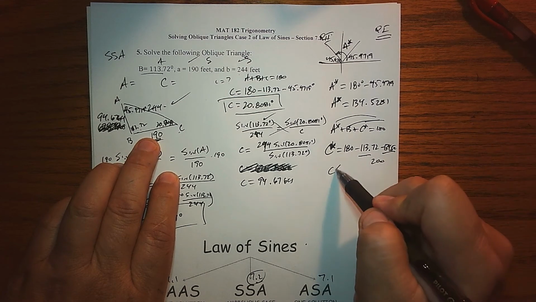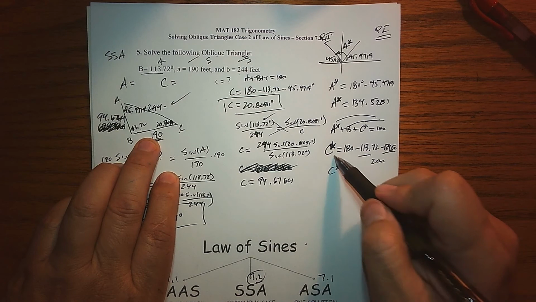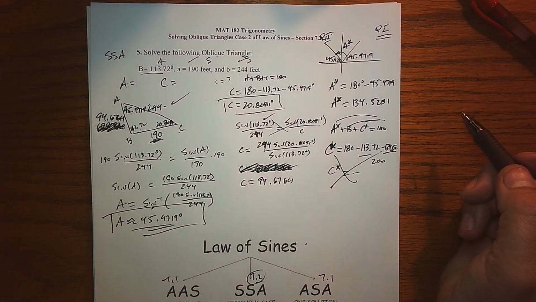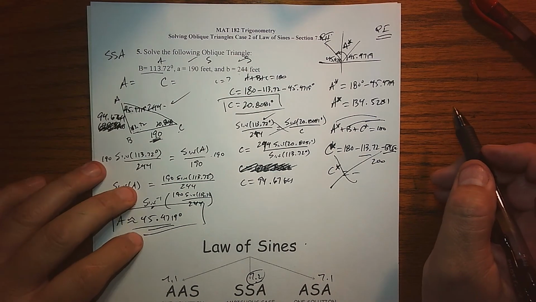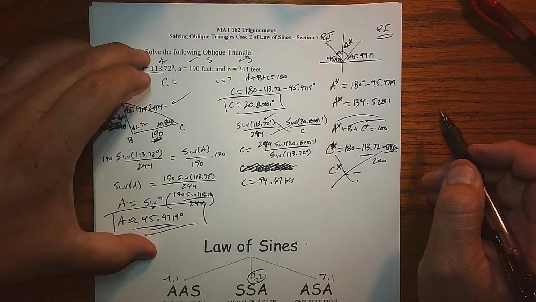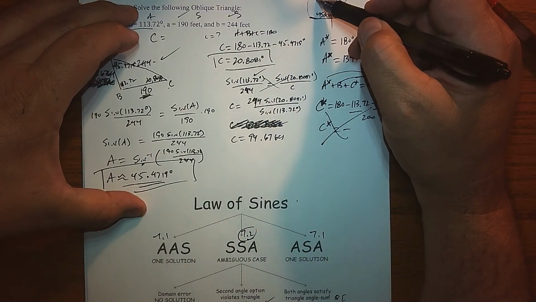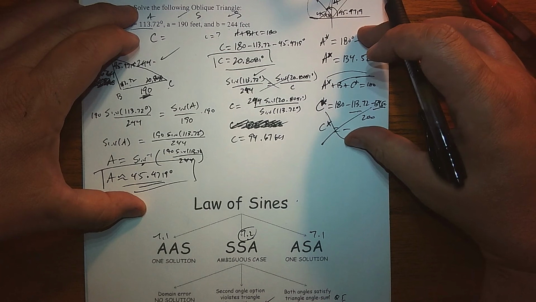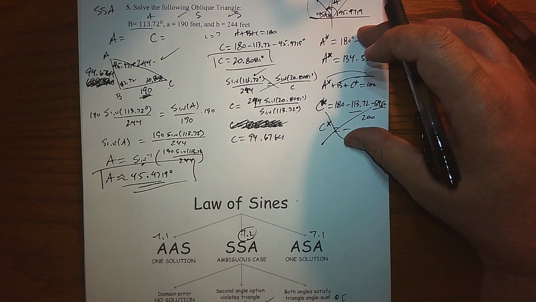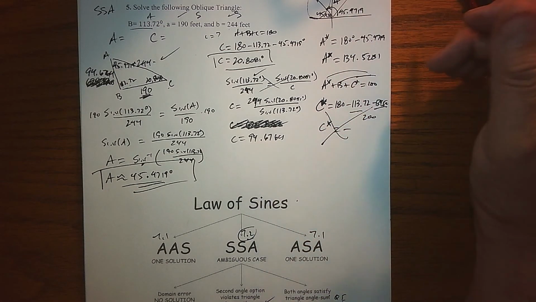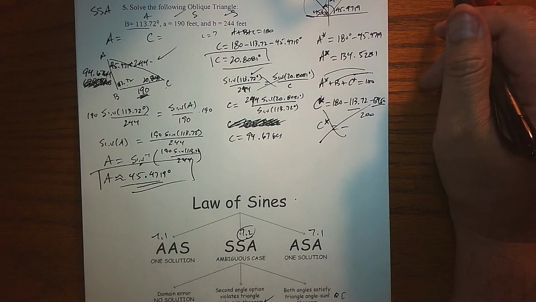So we're going to get C star equaling a negative number, which is a no-go. So this is one of those cases where we ended up with one unique case, and the quad 2 angle that we get doesn't produce a valid situation because we end up with a negative angle, and we don't want a negative angle in a triangle. So that one ended up with one solution.